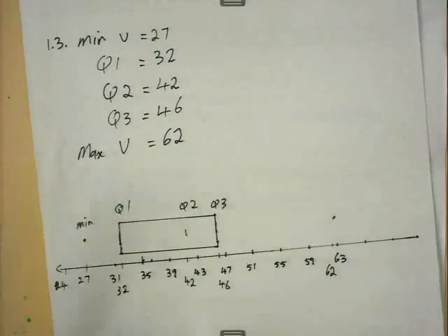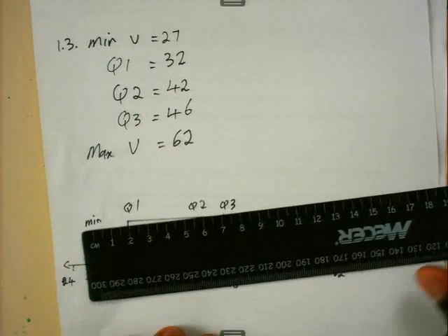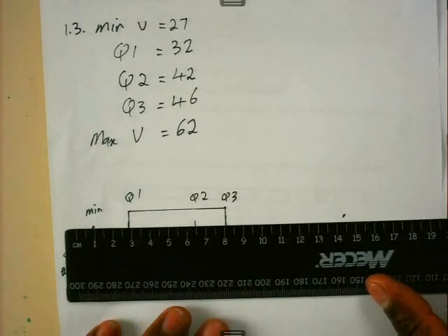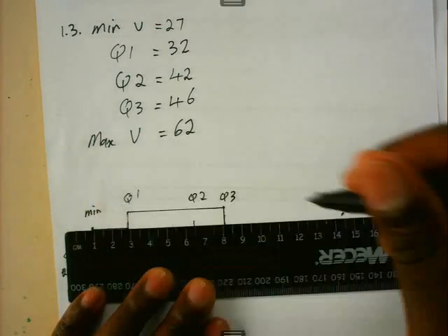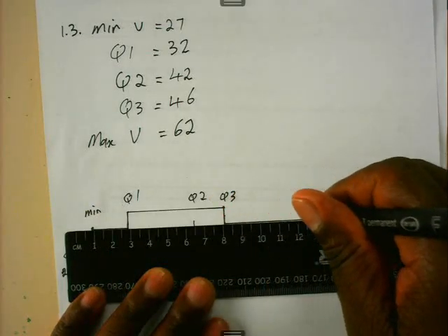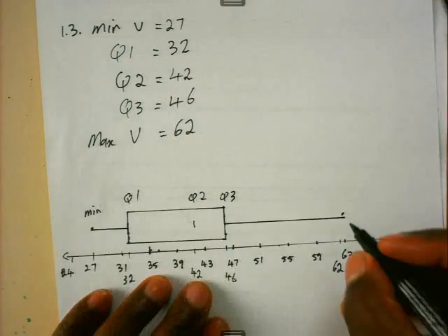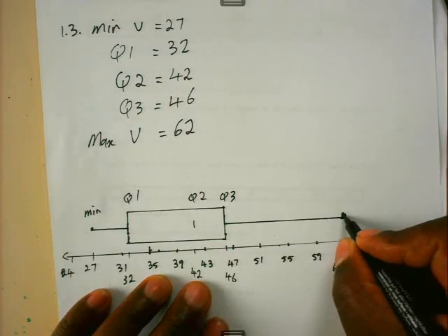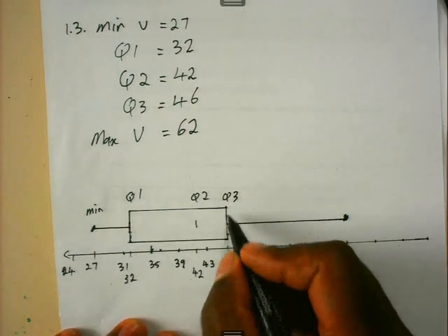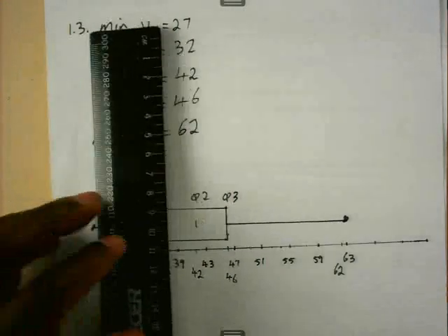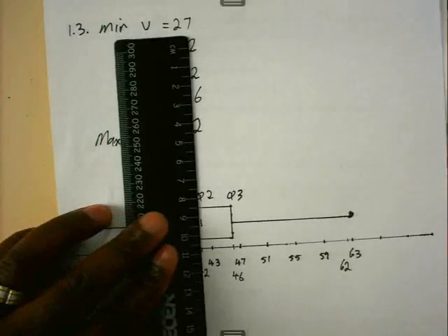And then remember the whiskers. Let's indicate the whiskers. These are our whiskers. This is the maximum. This is the minimum. This is Q1. This is Q2. Q2 is 42.